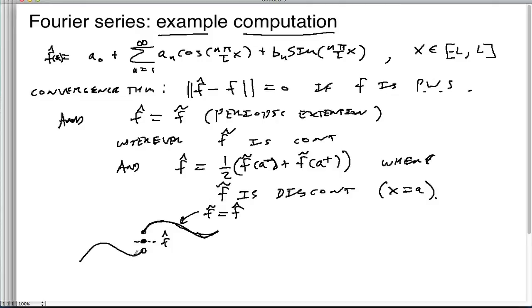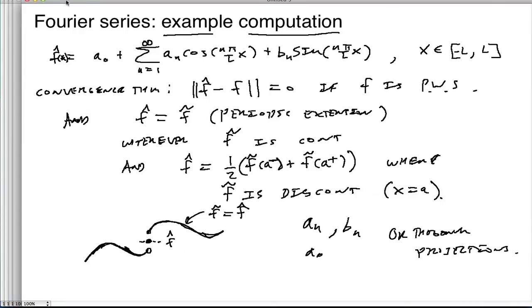Okay, and otherwise though, the Fourier series does pretty well. Okay, so that's the idea. So now we're going to do computations, and we know that an and bn and a0 are the orthogonal projections. Okay, so let's compute this for an example.